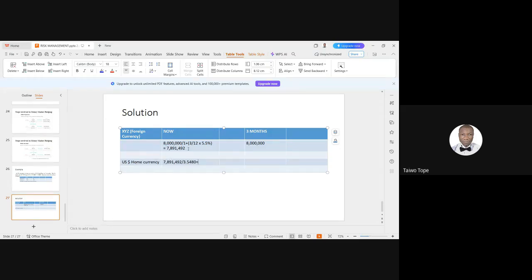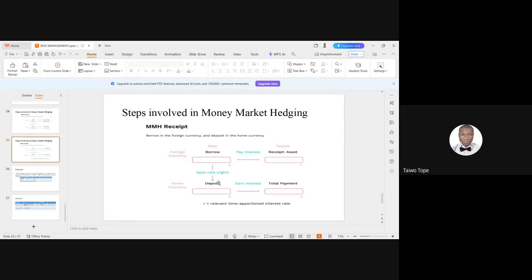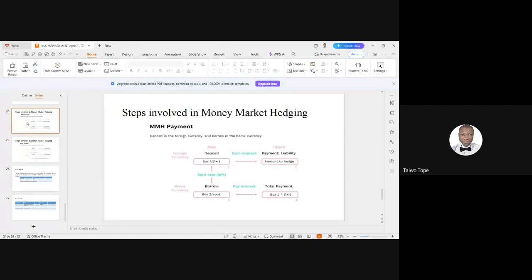You are converting this to your home currency. See it. Where is this other table? This is it. You divide by the spot rate.